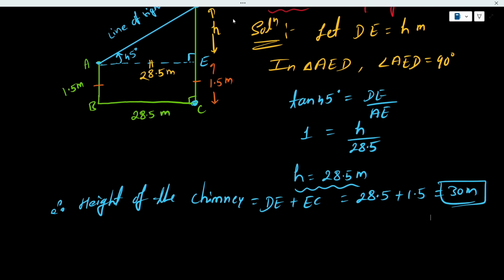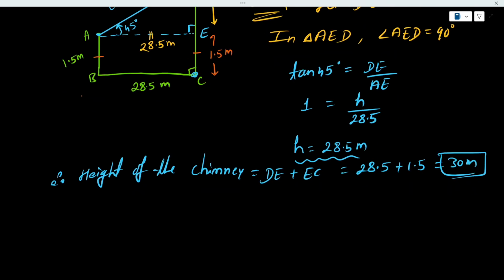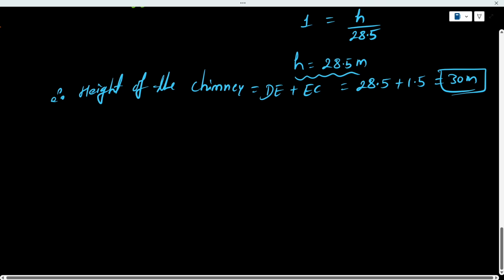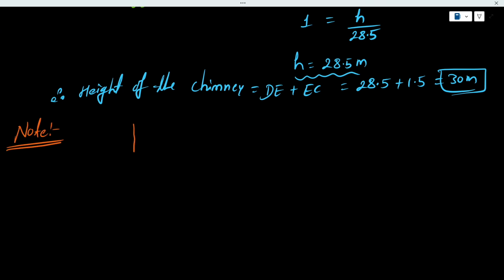Before we take the next question, I would like to tell you one thing that you need to always remember. There is one building, right, which is AB. Now there is a point C on the ground level, from which the angle of elevation is 60 degree. So this is your 90 degree, and if I join A to C, that is the line of sight, and BC is your horizontal line, right?